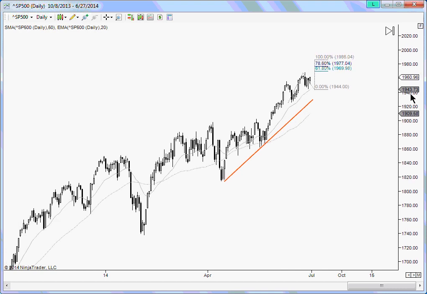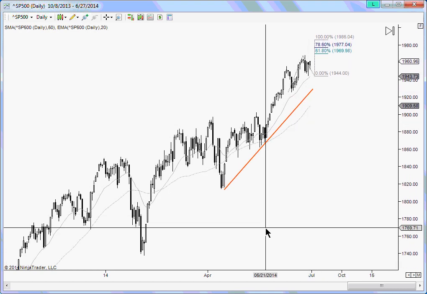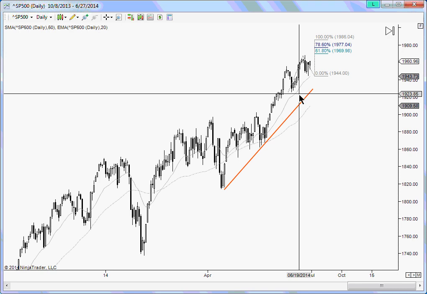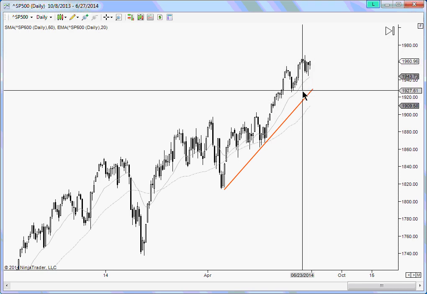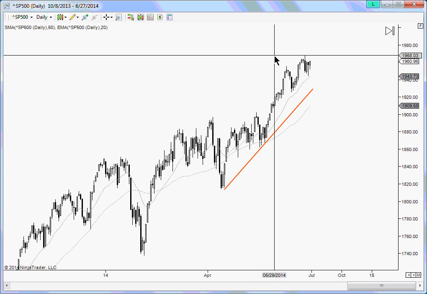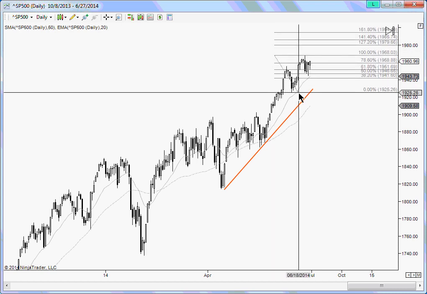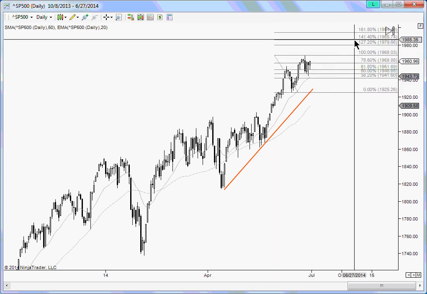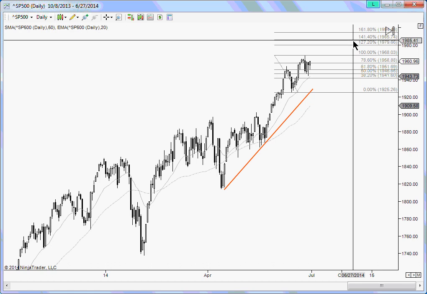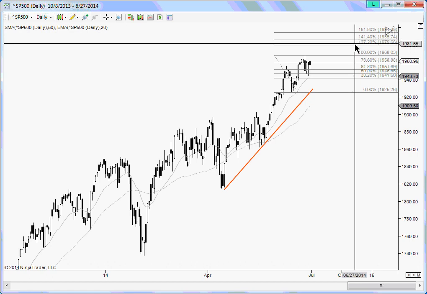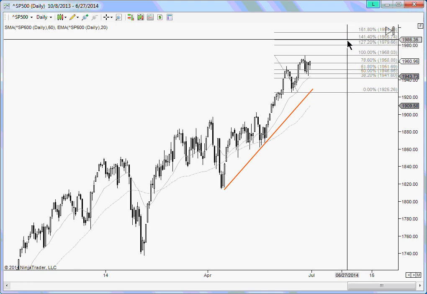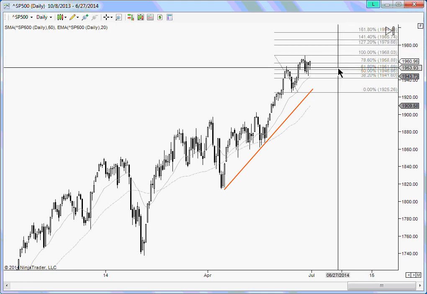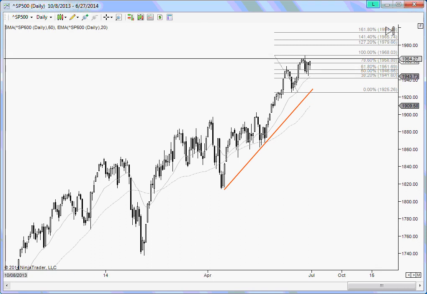Let me zoom this out here. If we also use a Fibonacci retracement, then you can see that on the 141 extension, it gives us this 1985. So essentially we're probably looking at anywhere between 1980 and 1985 for the next possible resistance on the S&P 500.